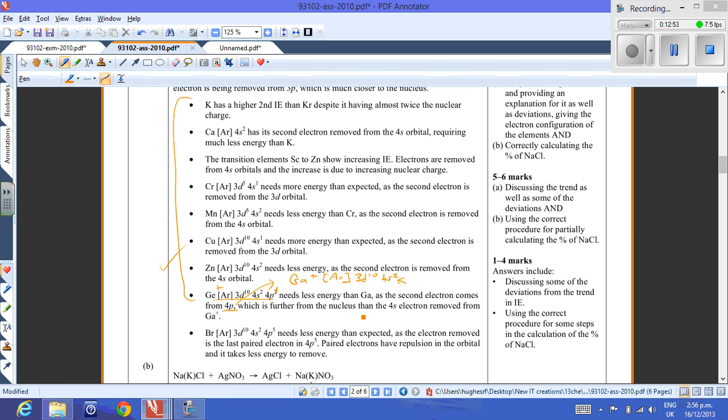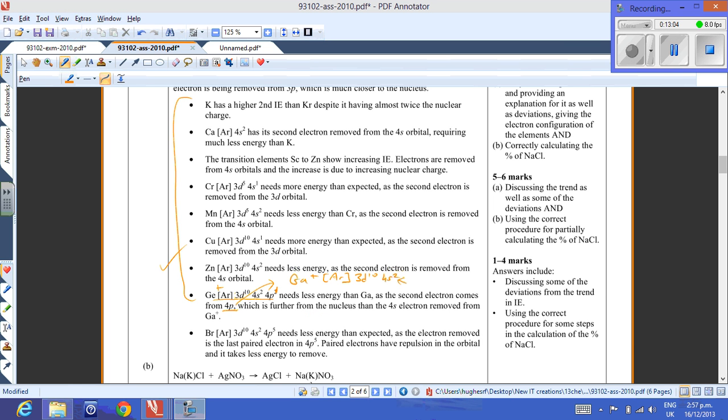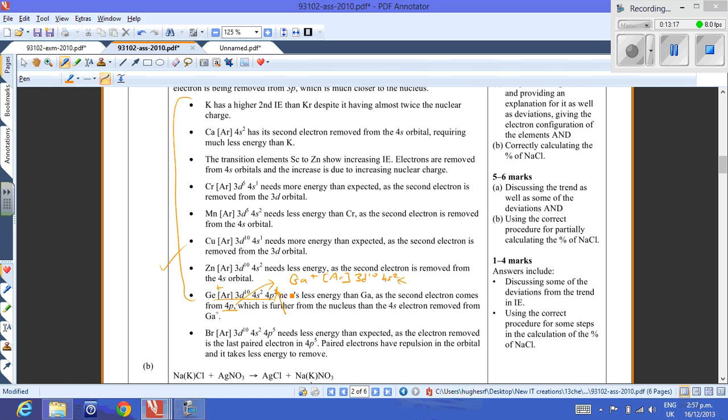So that's why the energy drops slightly, that's why less energy. Yeah, so I had to just double check the graph there. So that is why germanium needs less energy than gallium to remove that second electron, because for germanium you're taking it from a 4p orbital, you only need to remove one electron, versus the gallium situation where you're trying to take it from a filled 4s orbital. 4p is actually further from the nucleus as well, because 4s is right here.